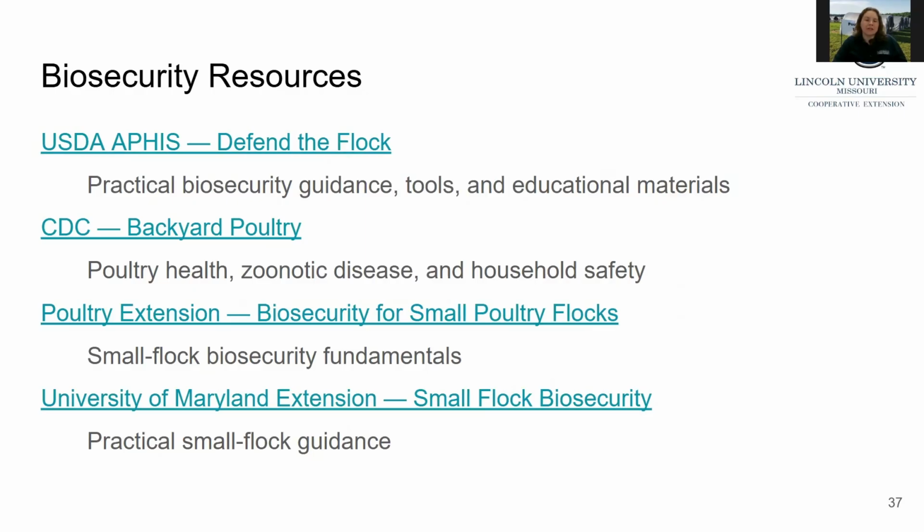The Poultry Extension and University of Maryland Extension resources provide additional small flock focused guidance. And you don't necessarily need to give a producer all of these resources. Think about which one fits the conversations you're having and the pathway or risk you're trying to address. The goal is to use these resources to support the conversation, not to replace it.